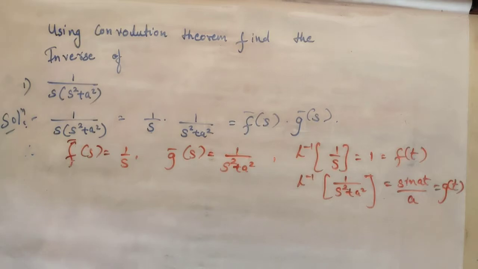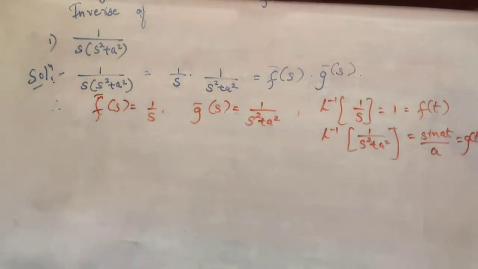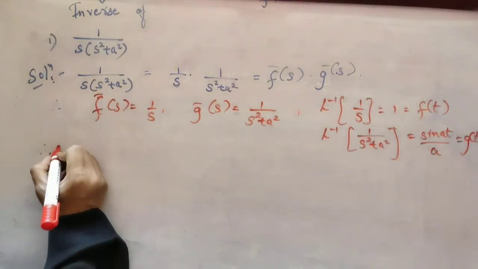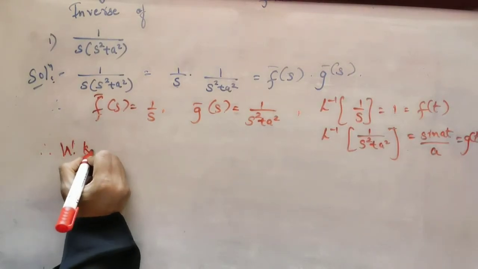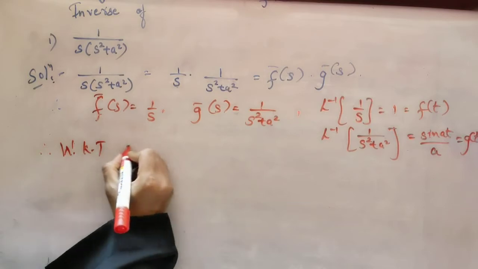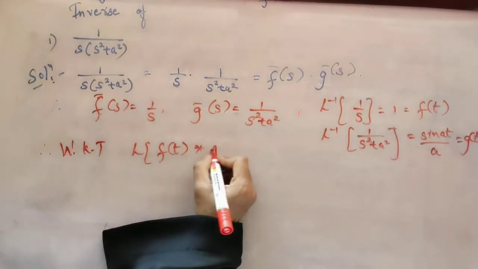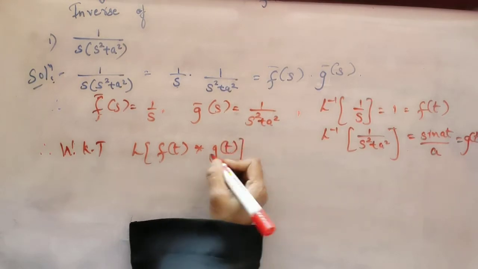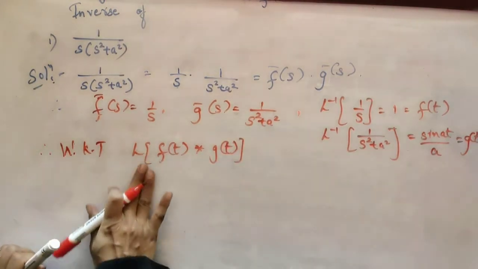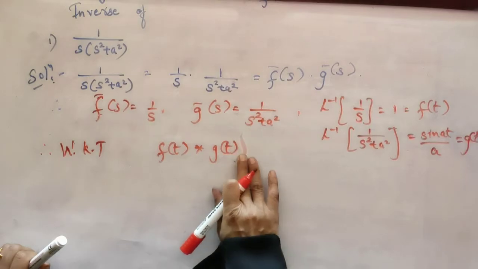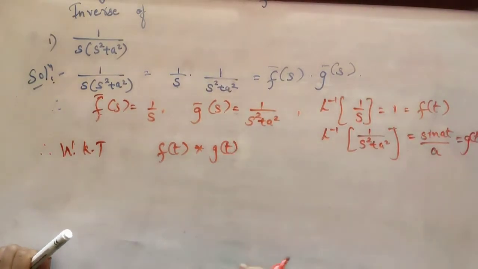Okay. So you have found f of t and g of t from the given thing. Yes. Now we know that the Laplace transform of f of t star g of t. I had given one equation directly; I hope you can refer to the previous sessions.